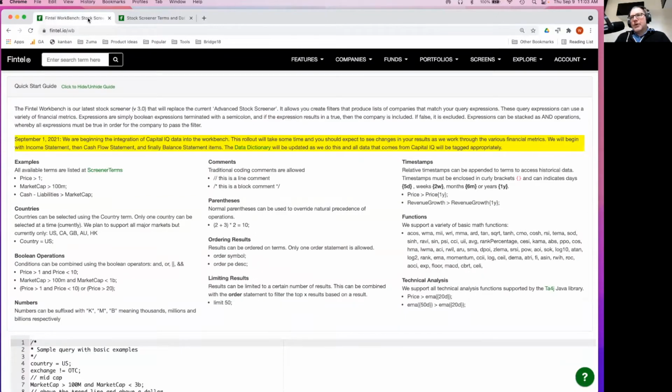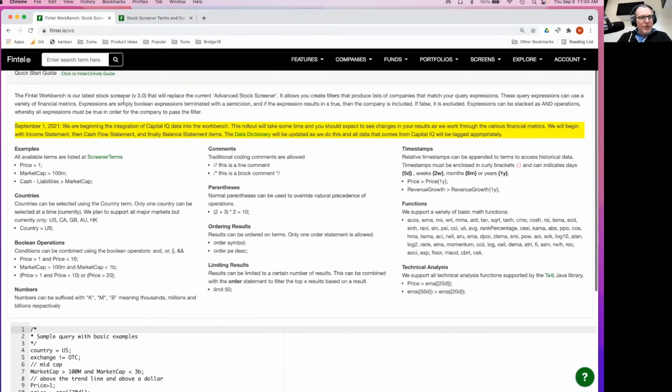I'm going to admit this is complicated, but I'm going to try to break it down in a very simple way so that you can understand what's going on here, and then build from there. Now, this is basically a query language. You've maybe heard of SQL, the SQL query language, or other types of query languages. This is really a financial query language that we developed here.